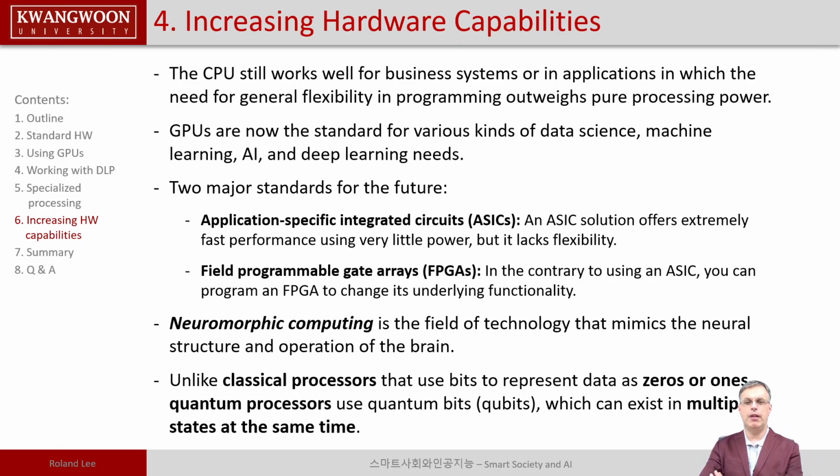An example of an FPGA solution is Microsoft Brainwave, which is used for deep learning projects. The battle between ASICs and FPGAs promises to heat up, with AI developers emerging as the winner.